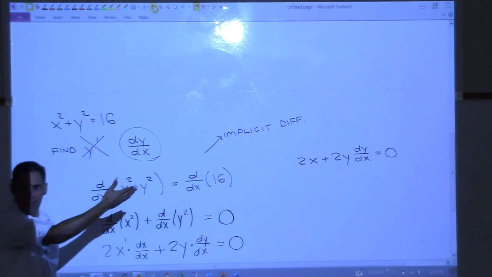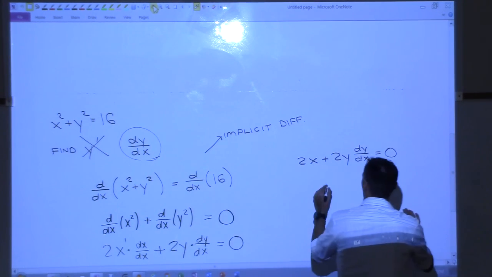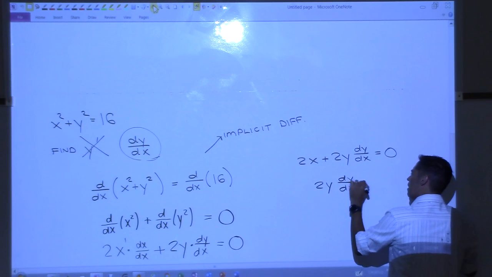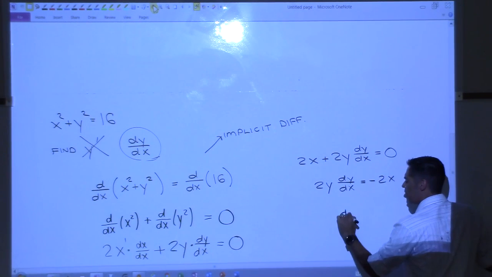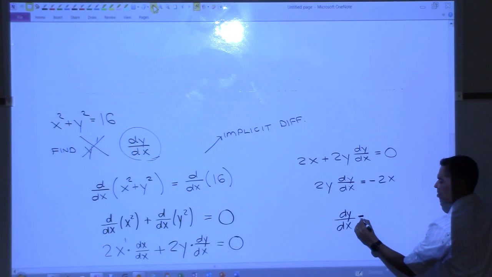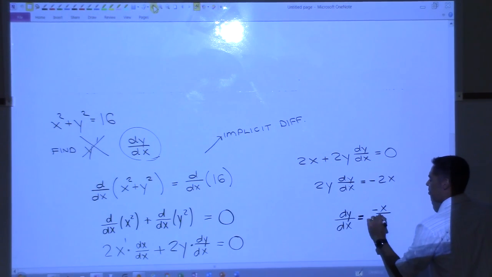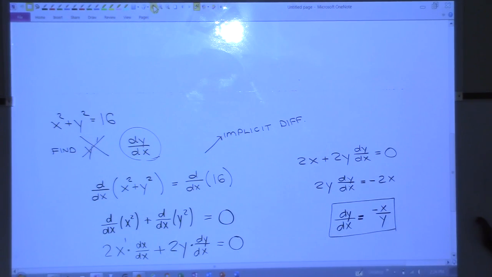And it's there, so let's solve for it. So let's move the 2x over, right? 2y times dy/dx equals negative 2x. Last step, divide by 2y. So if I divide by 2y, I get what? Negative x over y. And this is our answer.